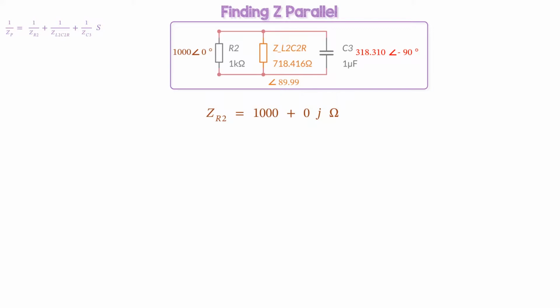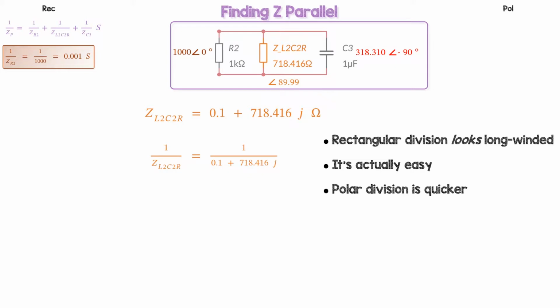ZR2 is just the real number, 1000 ohms, so 1 over that is just 1,000th in Siemens, and it's conductance G if you're interested. That's the easy one. The impedance ZL2C2R is shown here, and let's find the reciprocal, or the admittance, of that.